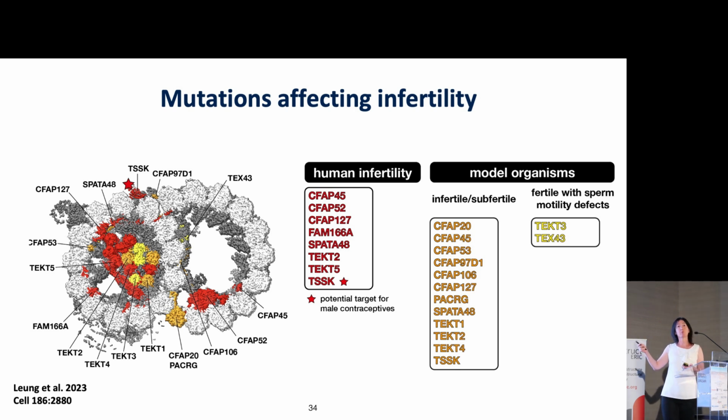You see that some of them were already recognized as associated with infertility cases, but you can see that there are a lot of grays that were not. So we are providing, if you want, a resource for the field to look for more for diagnostics.